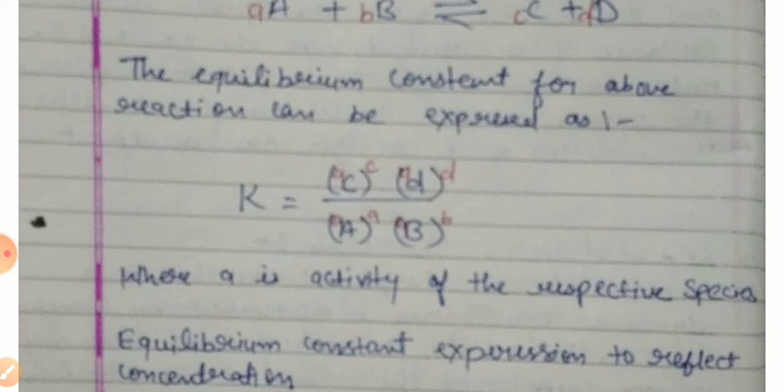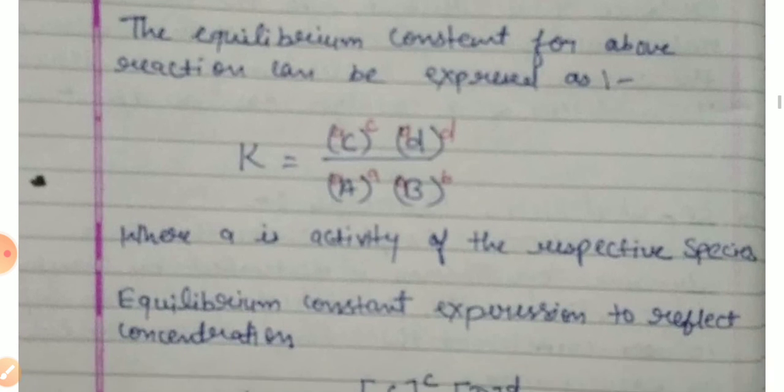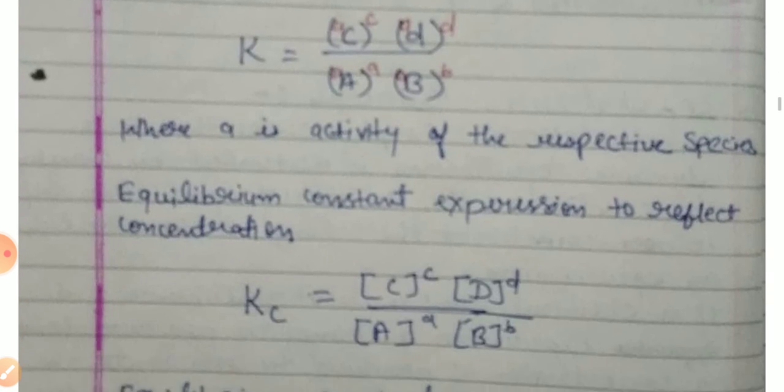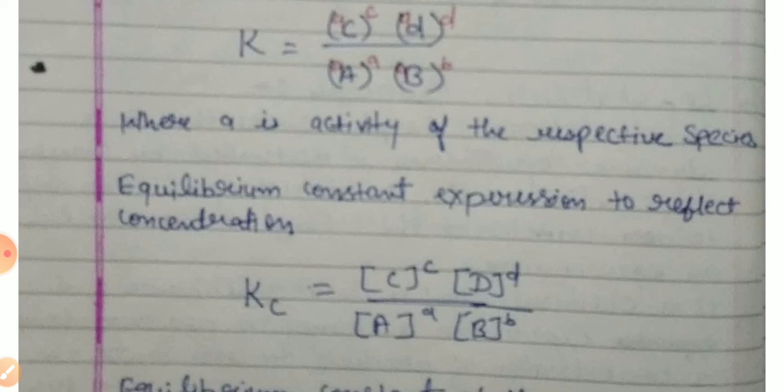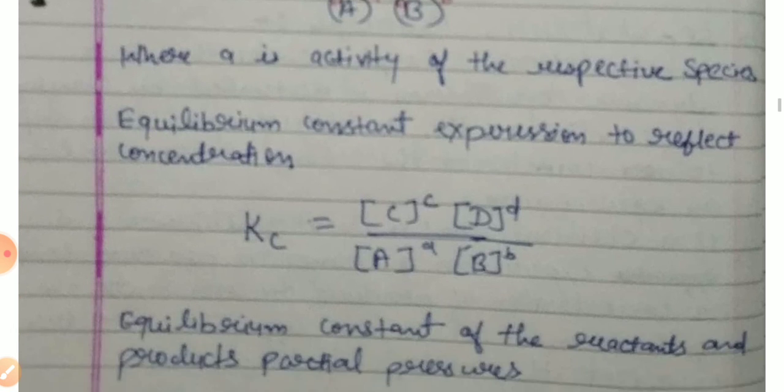of the represented species. The equilibrium constant expressed to reflect concentration can also be written as Kc, where C is concentration, in terms of the concentration of products and the concentration of reactants.